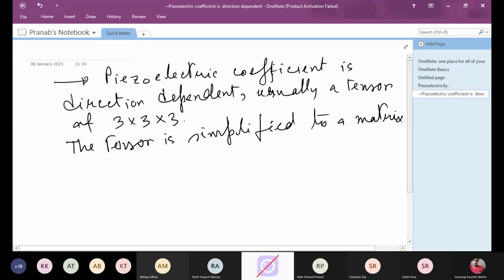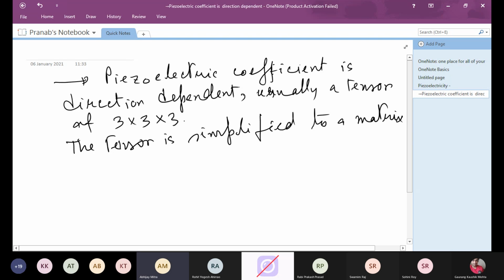So now if we want to relate one element, the change of one polarization, to the corresponding application of stress, then we need to have ijk.